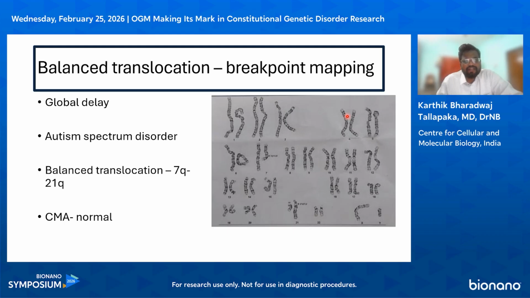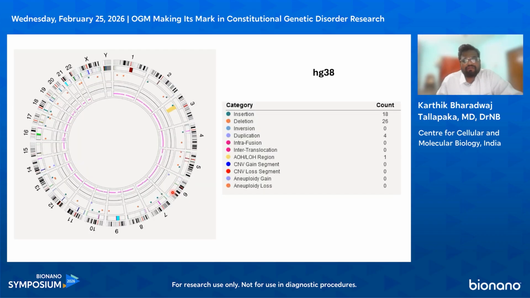Right. And in another case, a child with global developmental delay and autism spectrum disorder, a balanced translocation between chromosomes 7 and 21 was identified, but apparently CMA, chromosome microarray, was normal. So we were thinking in terms of disruption of some gene at that locus, which could be responsible for that phenotype. Initially, when we did optical genome mapping, we could not find any structural variants which could be responsible for the phenotype in the child.